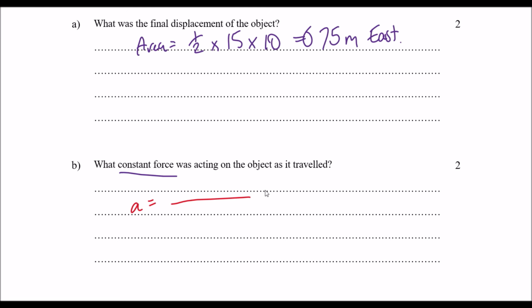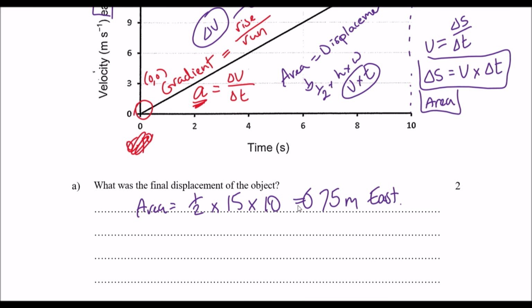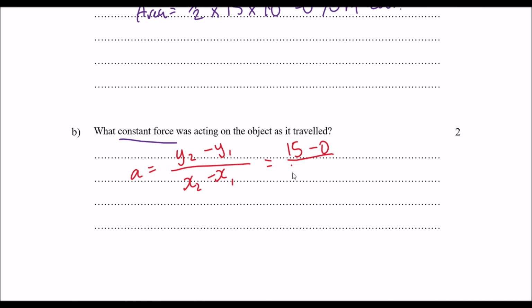Knowing our gradient formula, y2 minus y1 over x2 minus x1, we have y2 as 15, y1 as 0, and x is 10. Plug it into your calculator to find the overall acceleration. It will just be 15 over 10, okay? That means it's 1.5 meters per second squared east.